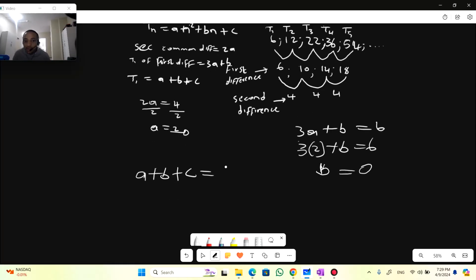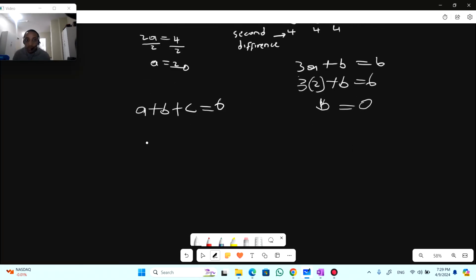It was 6. So your value of A is 2, your value of B is 0, and the value of C is what we are looking for. Then you have 6 on this side, and you take that 2 to that side, and we'll be left with C is equal to 6 minus 2, which is 4, right? So this is the value of C.